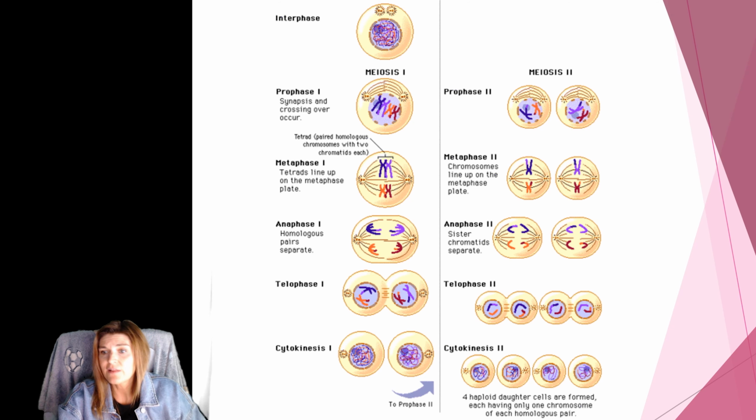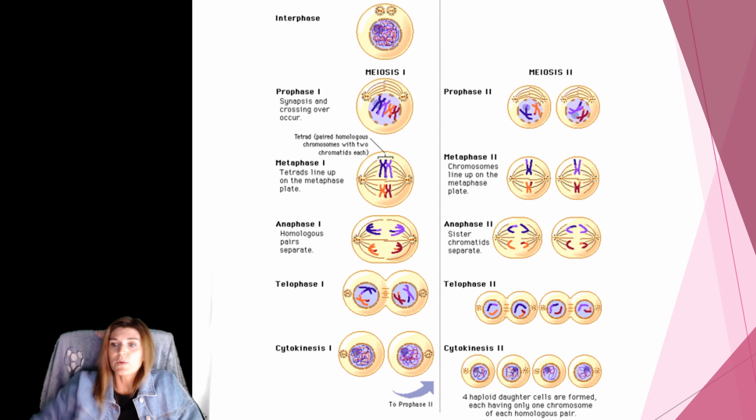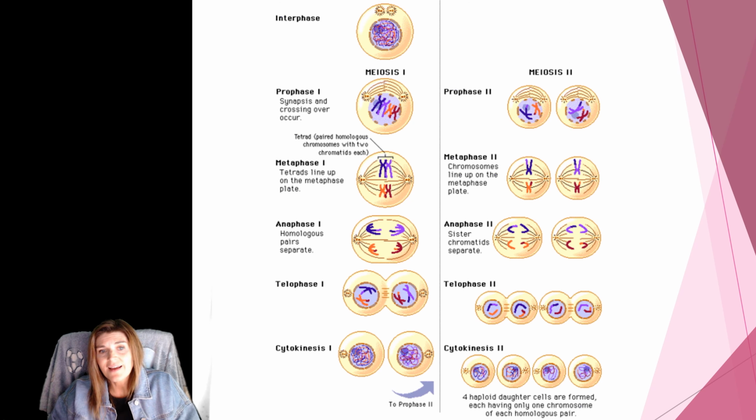And then in telophase, we've got nuclei reforming, and we have a total of 4 cells that have formed. And these can be sperm cells, these can be egg cells, and all of them are different from the starting cells, which can lead to a lot of genetic variability, which is what we want. So this is the reason we can see so much genetic variability in siblings with the same parents.